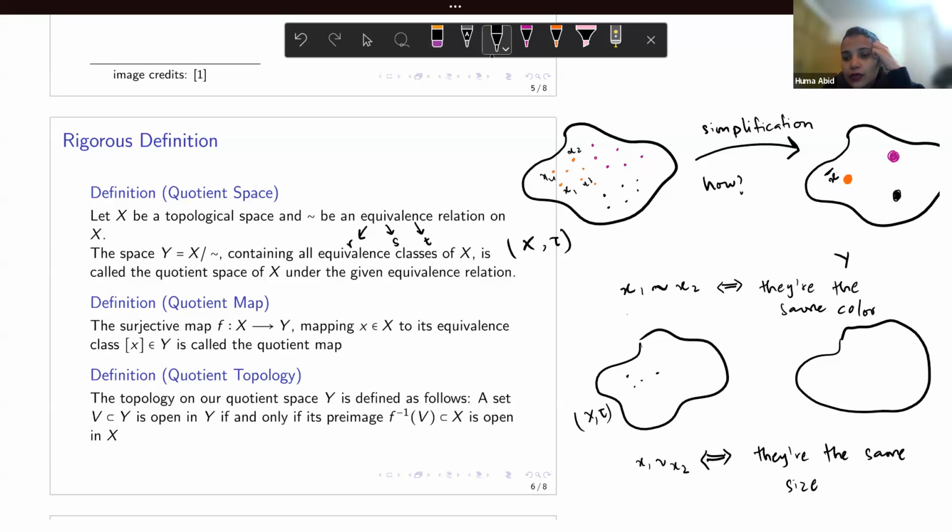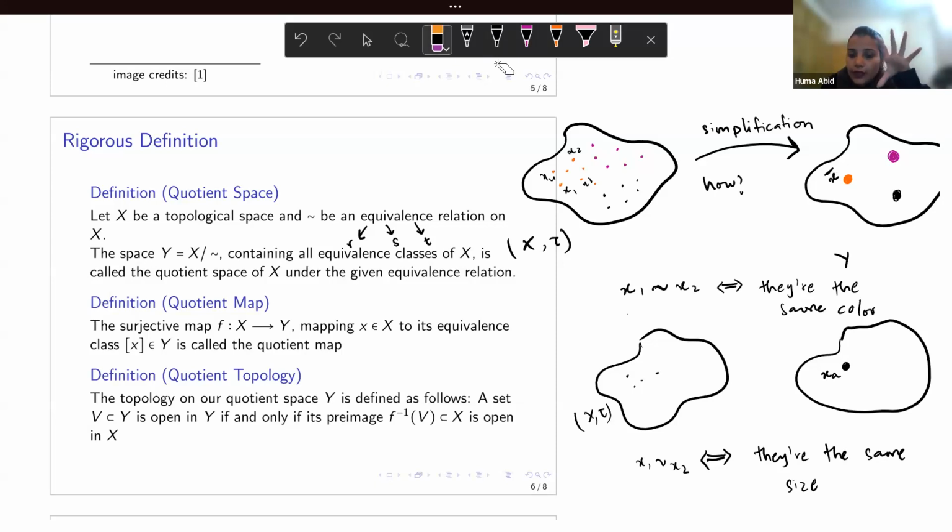Then you maybe use, for example, X_A, where A is the size. So X_A represents all the points of size A. For example, A is equal to 5, so X_5 represents all the points of size 5, right? Diameter 5 maybe.